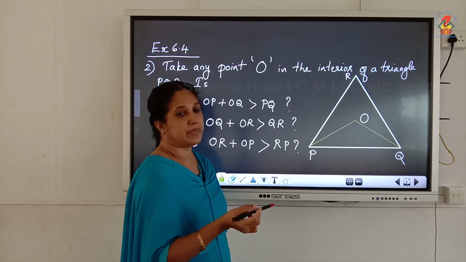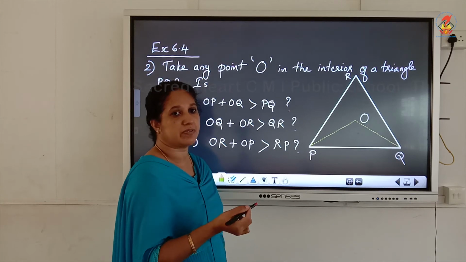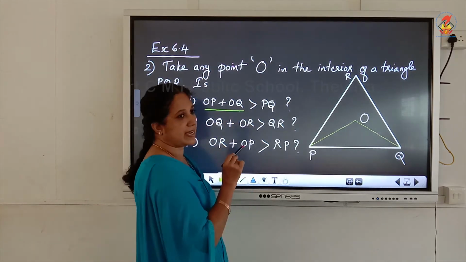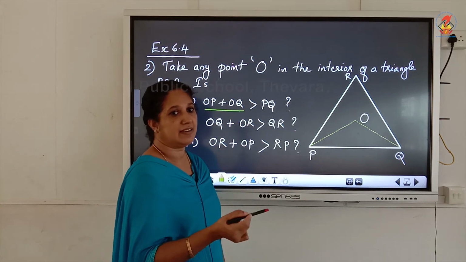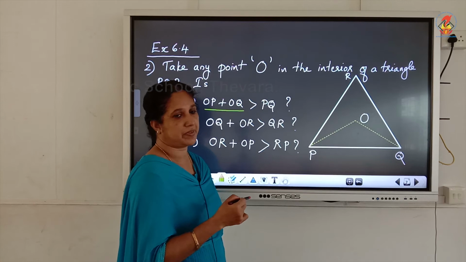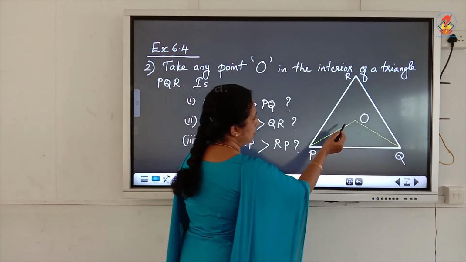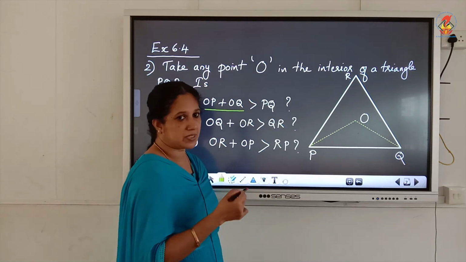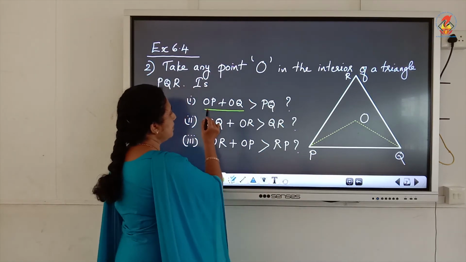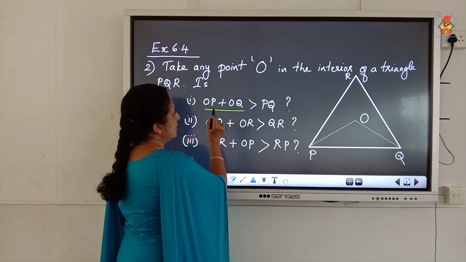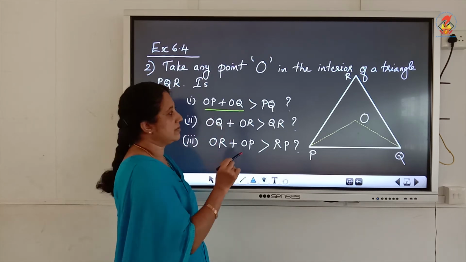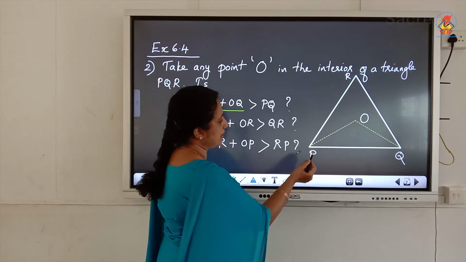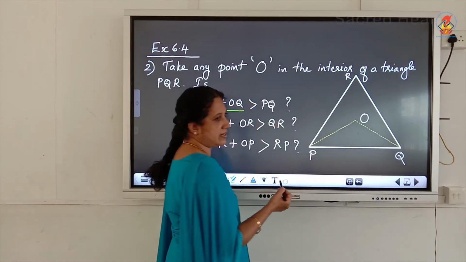Now what is the property regarding the length of the sides of a triangle? Sum of any two sides of a triangle is greater than the length of the third side. So using that property we can say that OP and OQ are the two sides, and when we find the sum of the lengths of the sides, we can say that it should be greater than the length of the third side.